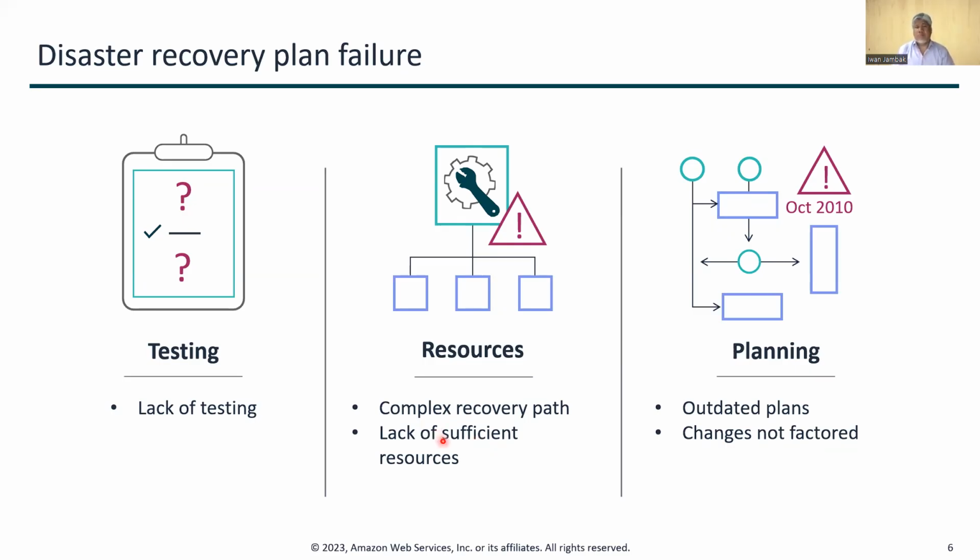Or based on your planning, you have outdated plans and changes not factored in, meaning you make a change and don't consider its effect. Sometimes you change one place, and it affects another place.